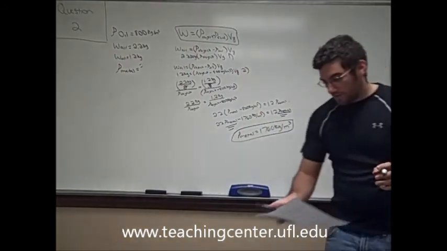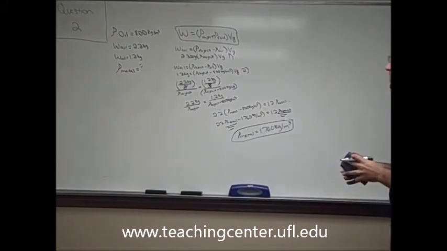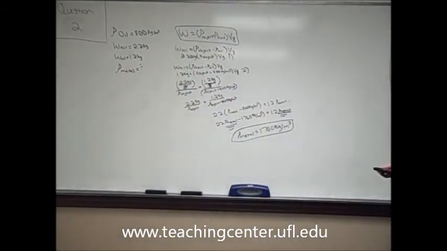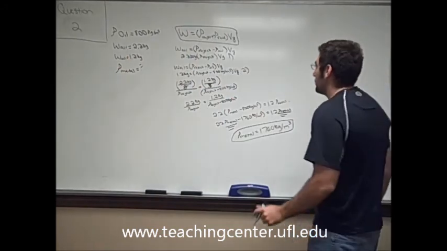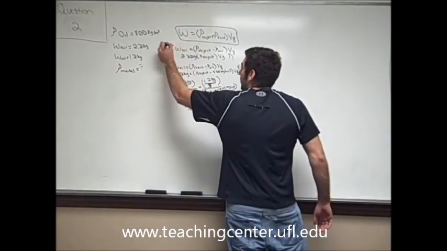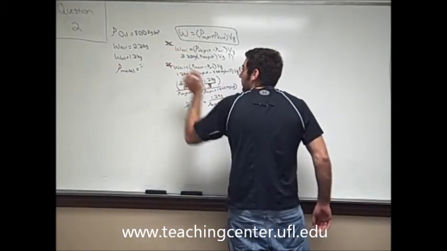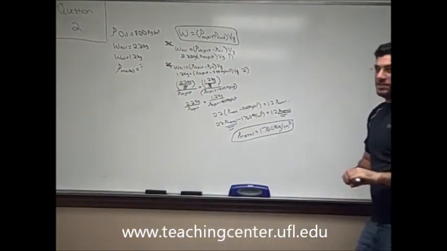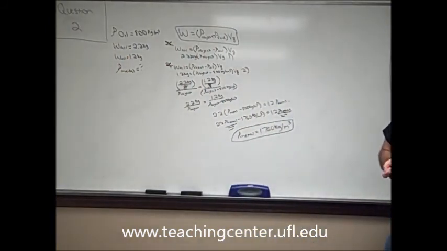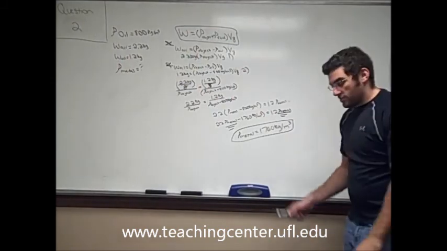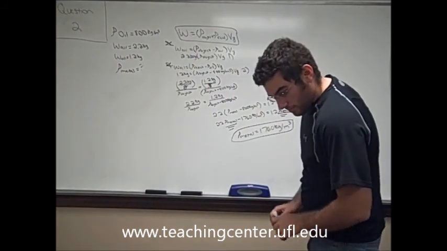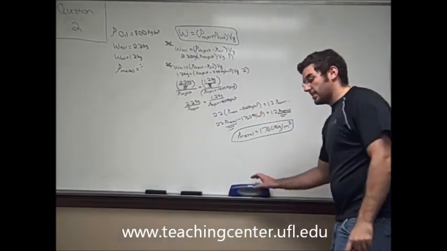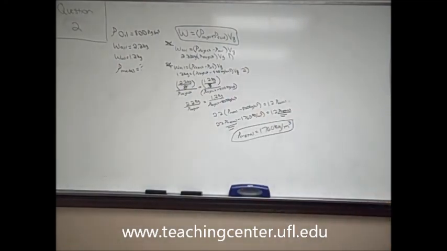So this question is definitely a little bit tricky because you have to recognize that you need to solve with the apparent weight formula, and you have to do it twice. You have to do it once for the air, and once for the oil, and then you set the two equations equal to one another, and you get answer choice A for question number 2, 1,760 kilograms per cubic meter.